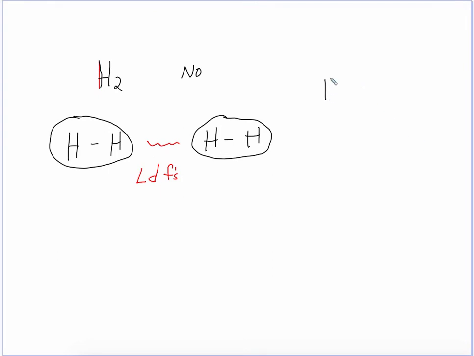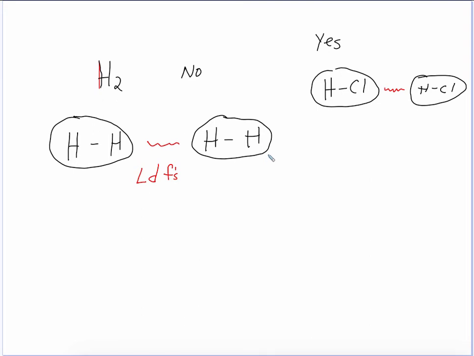Now, let's compare that to HCl. So we have HCl, and let's say here's a molecule of HCl, and here's another molecule of HCl. Remember, intermolecular forces are between molecules. So what type of force would that be in between there? The first thing you'd have to say is, is HCl polar? And the answer is yes, it is polar.